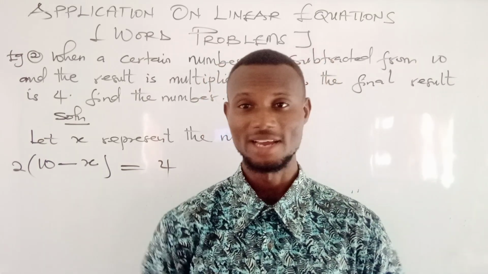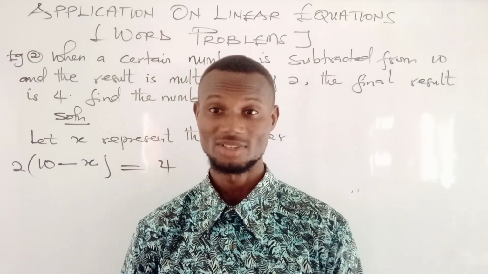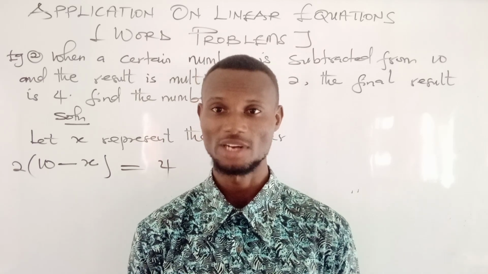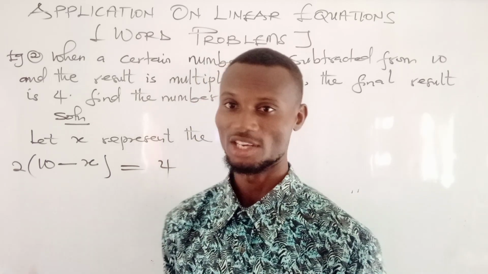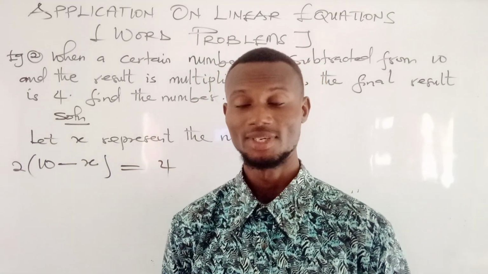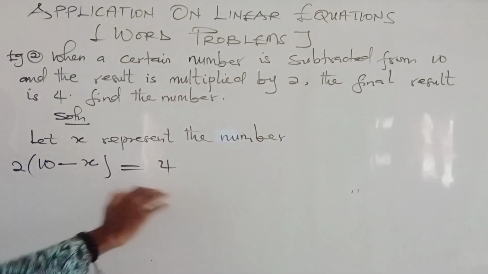If you don't have any knowledge on linear equation, I will advise that you search for my previous videos on linear equation, so that you can be able to solve this. From here we are supposed to solve for s to find the number. So let's go ahead. What we do is that we open the bracket.